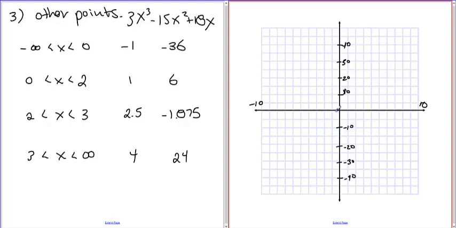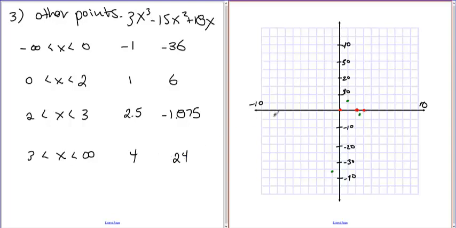Okay, so let's plot what we have. We've got the x-intercepts, which are 0, 2, and 3. And then we have these extra points. So -1, -36, that's about right there. Then 1, 6, which puts you about there. 2.5, -2, basically, so that goes right there.